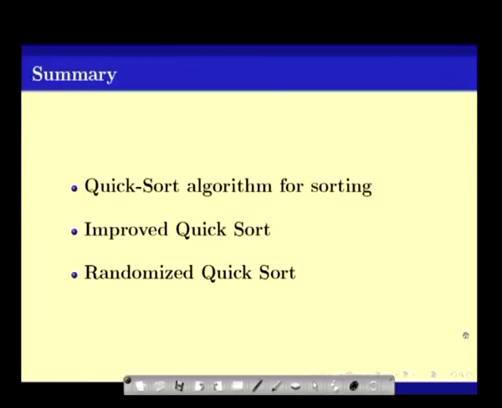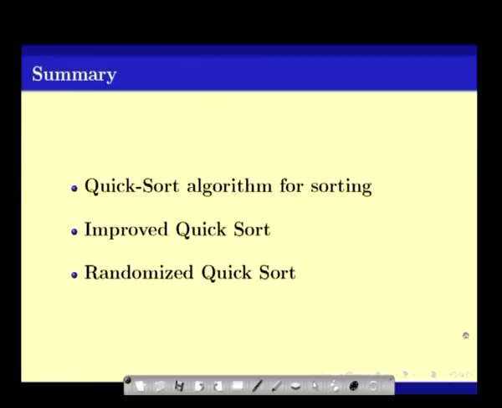The next question is, can we do something better? For example, can we have a sorting algorithm where the worst case running time is n log n, and not just the expected running time? We will see this algorithm in the next one or two lectures.